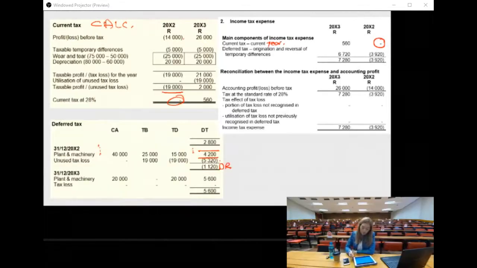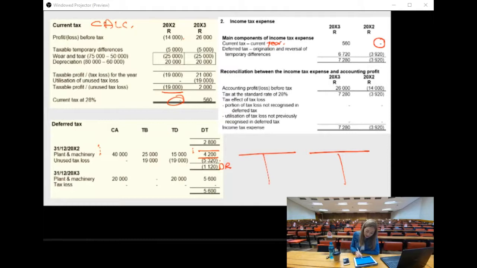Good. So then now we go and we do our journals. So here's my deferred tax SFP account and my income tax expense P&L account. Our opening balance at the beginning of the year was a liability of 2,800. Now we want a debit closing balance.